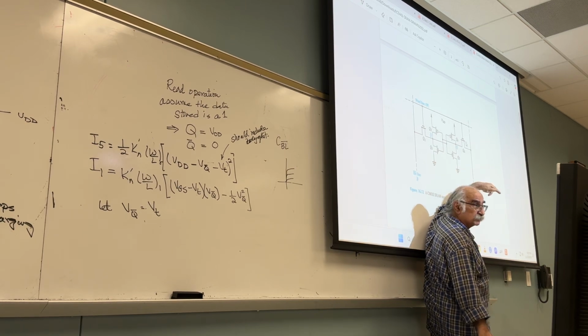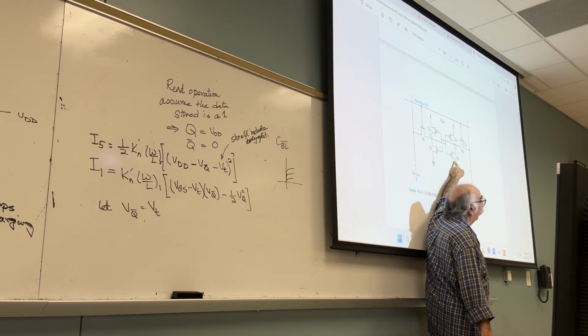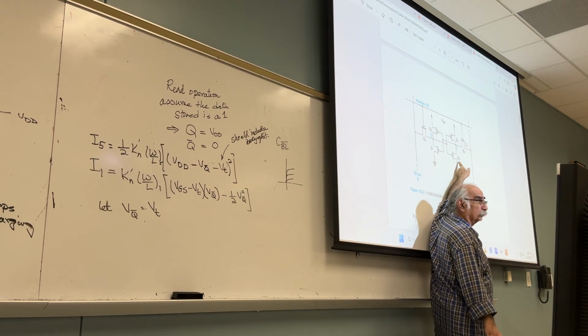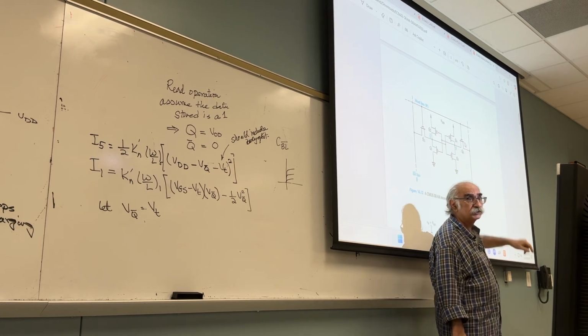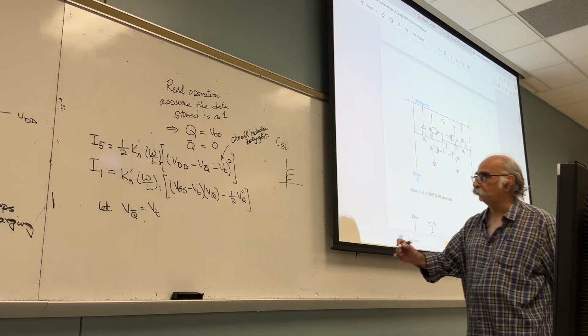Why? Because if it does, what will happen? This one will be on, which means you are going to change the state of the memory. Did you get it? This is a read operation. A read operation is not supposed to change it.